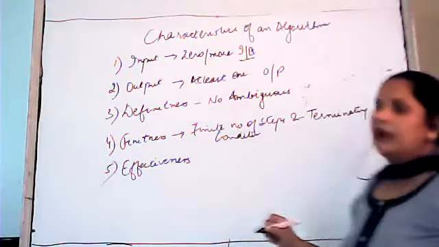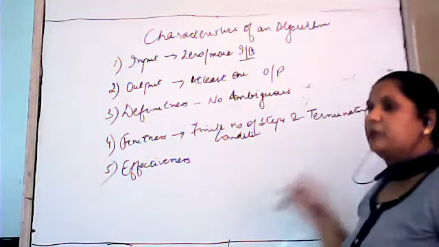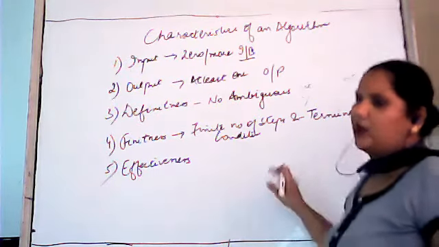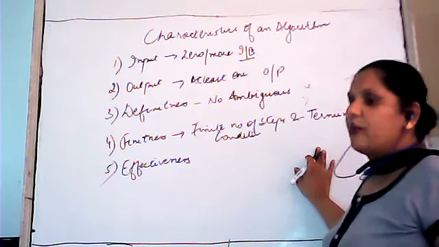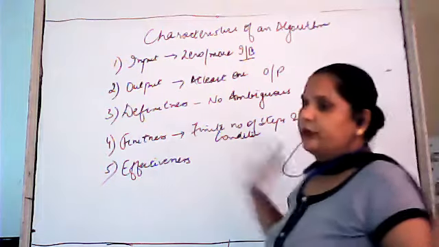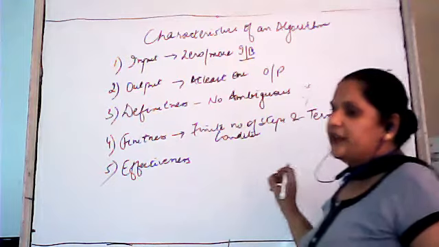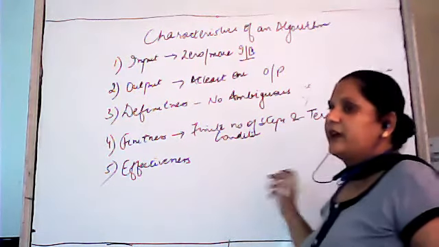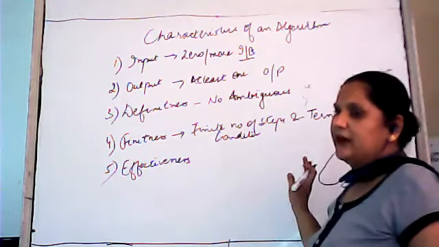That is, the algorithm should have a finite number of steps, means it could have 1,000 steps. There is no problem. 10,000 steps is also allowed, but it should terminate somewhere. It should stop somewhere. We should provide the termination condition to the algorithm. Fine. That means every algorithm should be finite in nature. It should execute in a finite number of steps, and it should have some terminating condition.